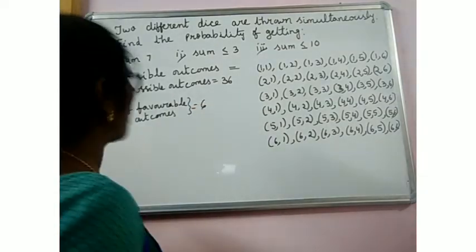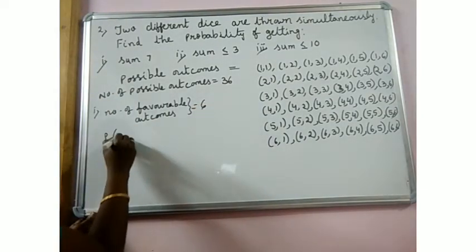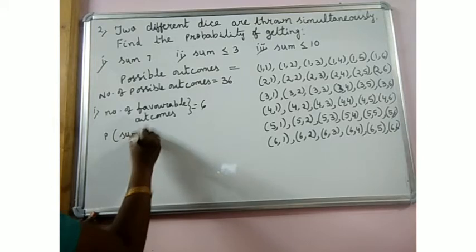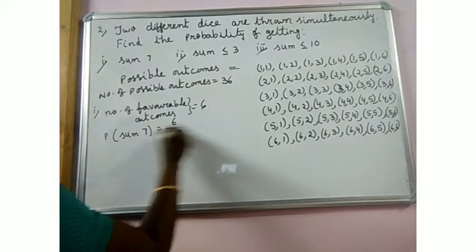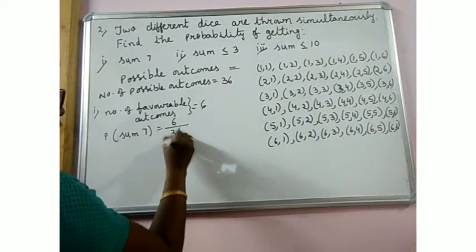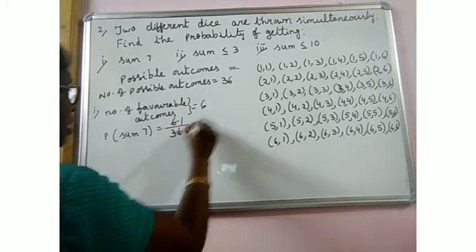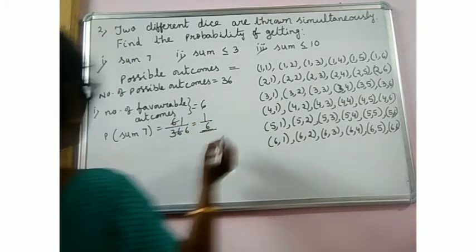We have to find the probability. So the probability of getting sum 7 is, favorable outcomes 6, possible 36. 6 ones are 6, 6 sixes are 36, so 1 by 6.